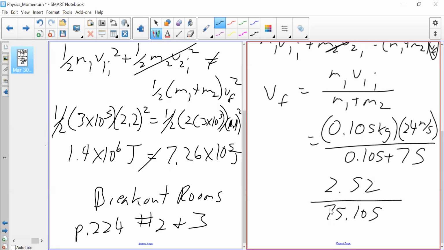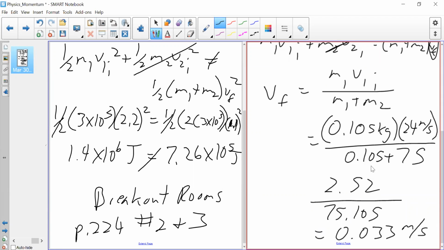So it should be 0.033 meters per second. So it doesn't move much at all. That should make some sense to you. He's got way more mass than the hockey puck, even though it's coming in at 24 meters per second. He's not going to slide back that fast.